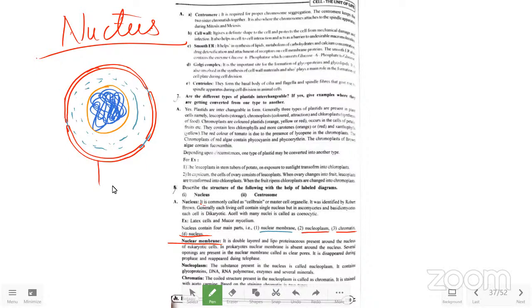So this is the outer membrane, and this is the inner membrane. The nuclear membrane is made up of two layers, outer and inner smooth membranes, which are not continuous.